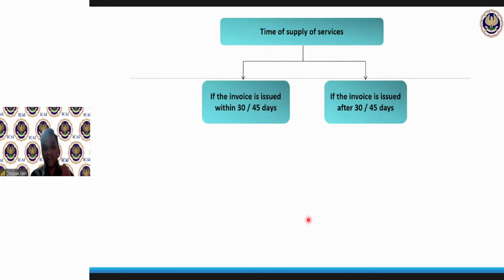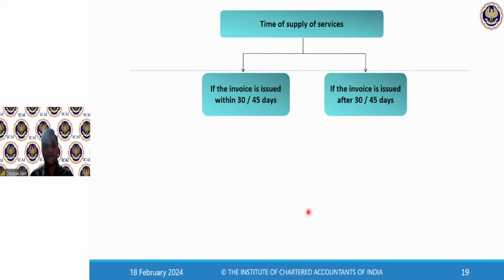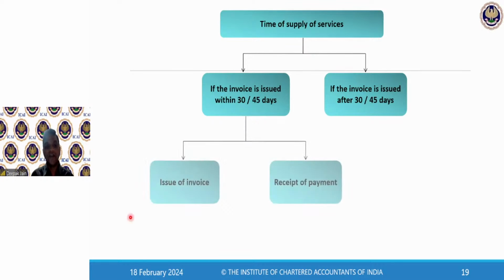So if we have raised an invoice within 30 days, then the time of supply is the issue of invoice or receipt of payment, whichever is earlier. Okay. Because in services, that exclusion or that exemption of 66 is not there. So if I get the amount in advance, then I have to pay GST on the advance itself or on issue of invoice, whichever is earlier.